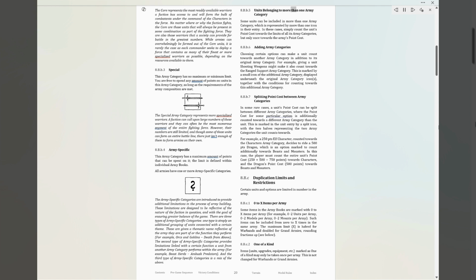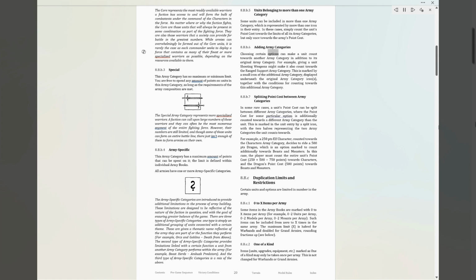Units belonging to more than one army category. Some units can be included in more than one army category, which is represented by more than one icon in their entry. In these cases, simply count the unit's point cost towards the limits of all its army categories, but only once towards the army's point cost. Adding army categories.